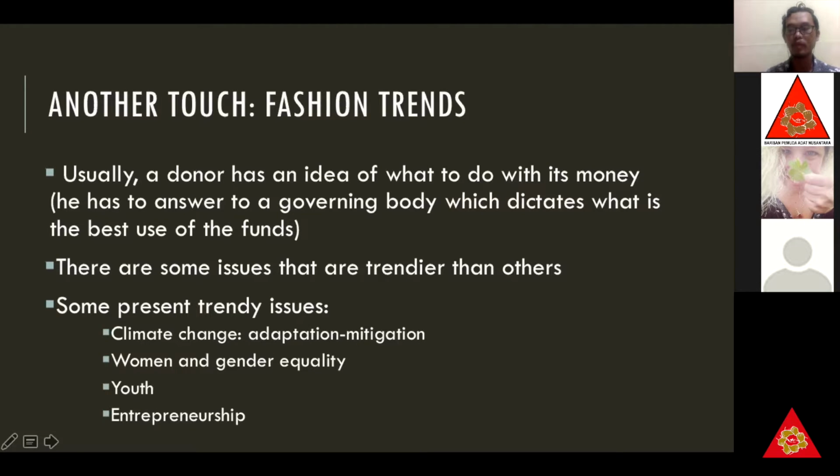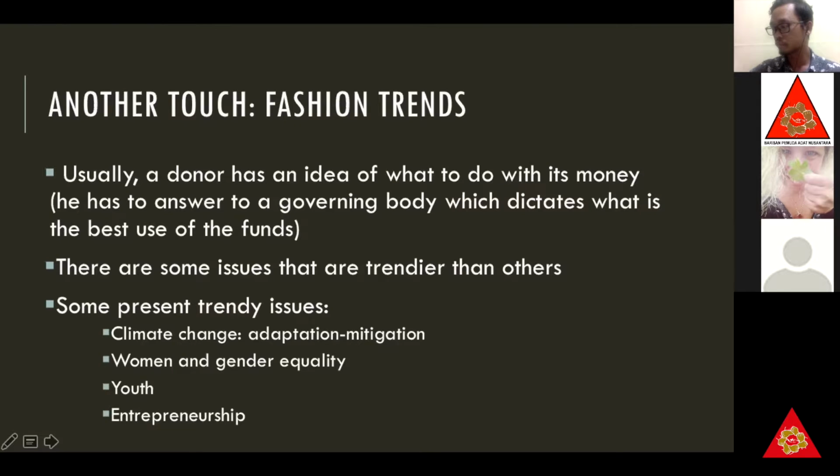Adaptation means, well, climate is changing, so you adapt. For example, there's less water because of climate change, there's less rain, so you adapt, you try to, for example, learn to cultivate your crops without water. Mitigation is different. Mitigation is that you work to reduce the climate change in itself.